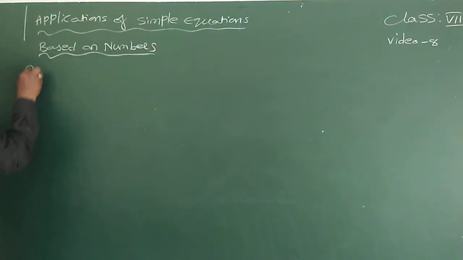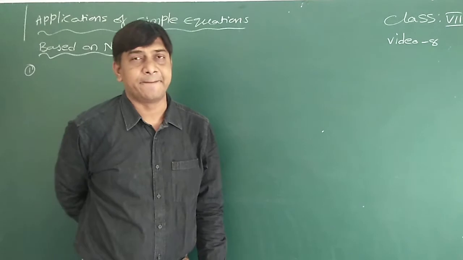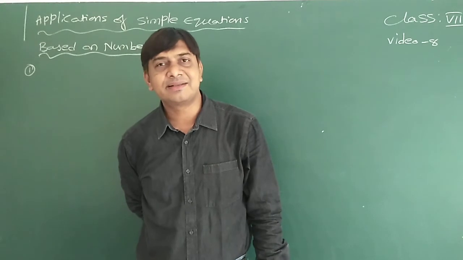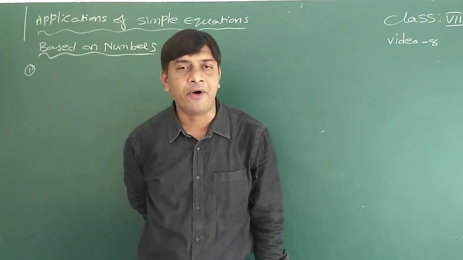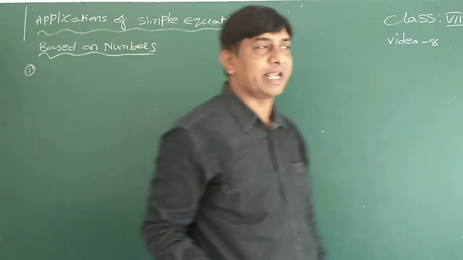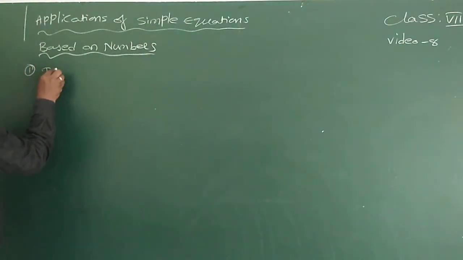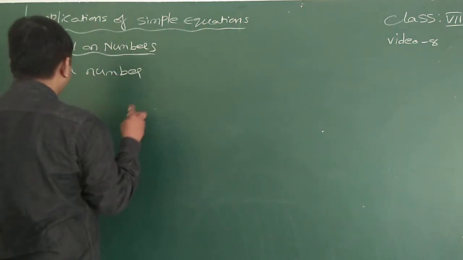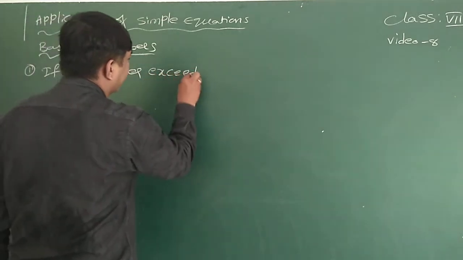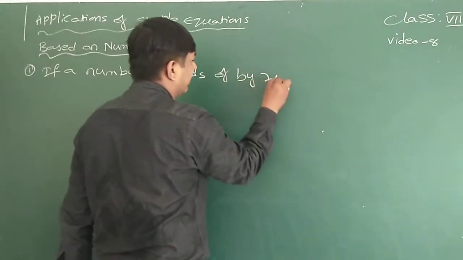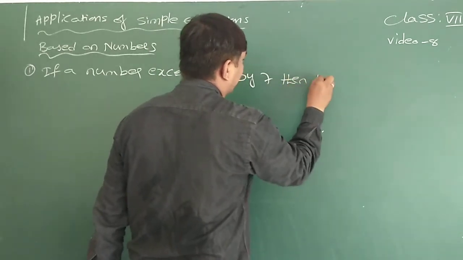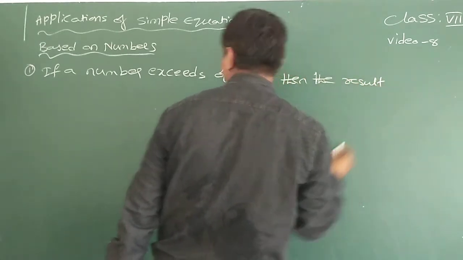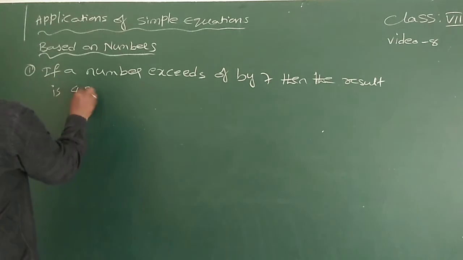Example, the first one is here. If a number exceeds by 7, then the result is 48.